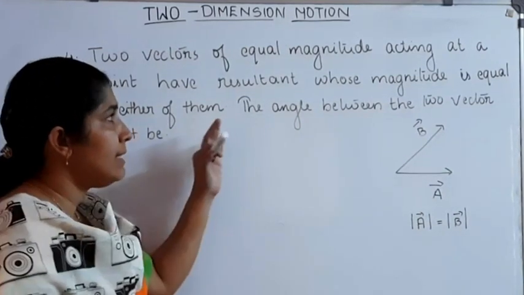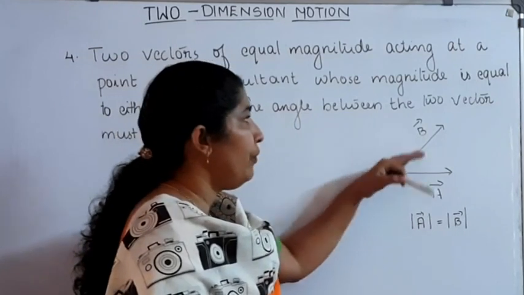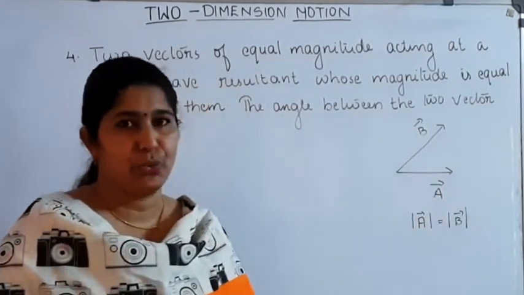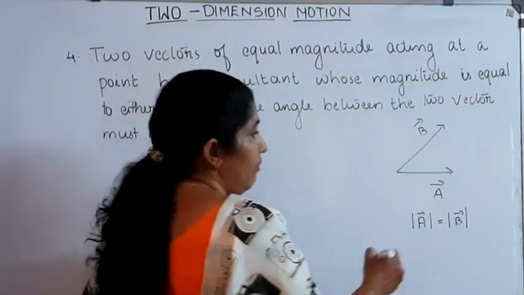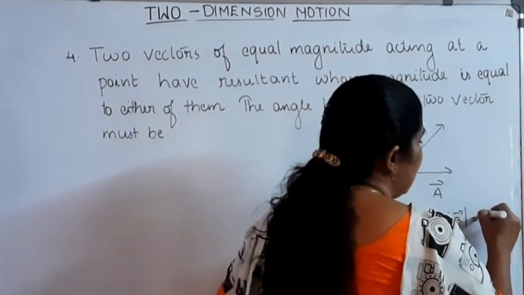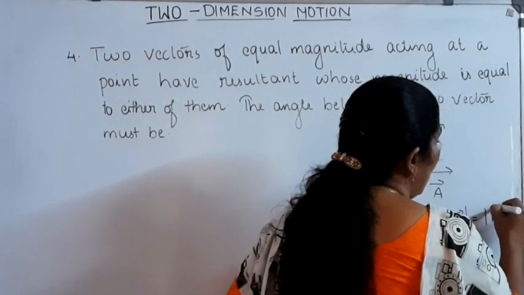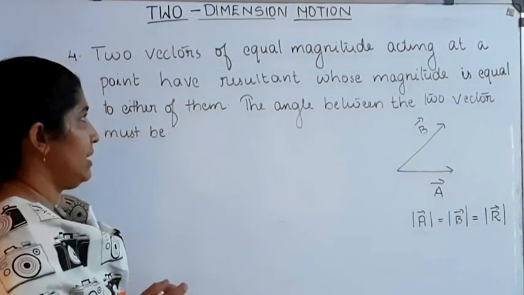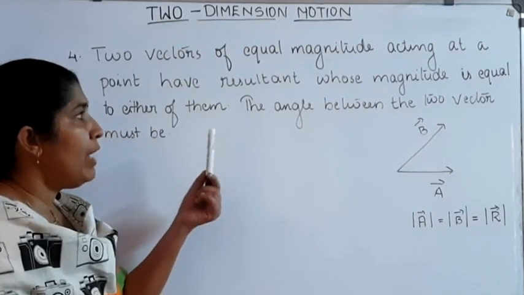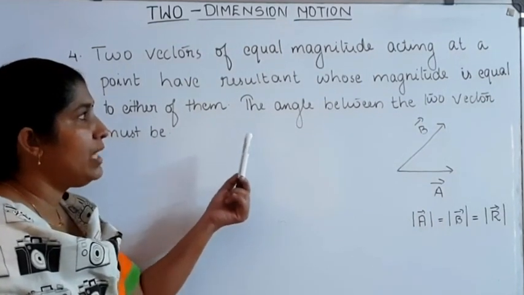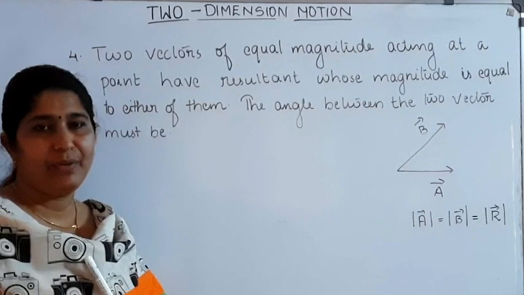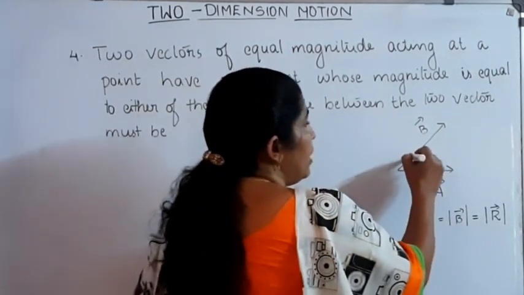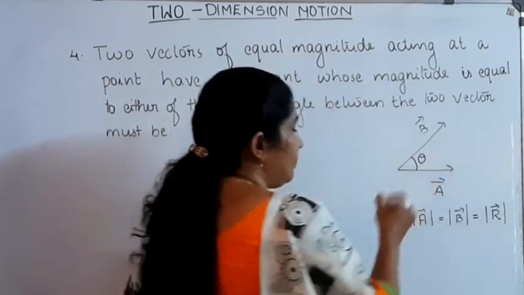That means the resultant of these two vectors has the same magnitude. The magnitude of the resultant vector is also the same as that of the two vectors. We want to find out the angle between these two vectors, theta.